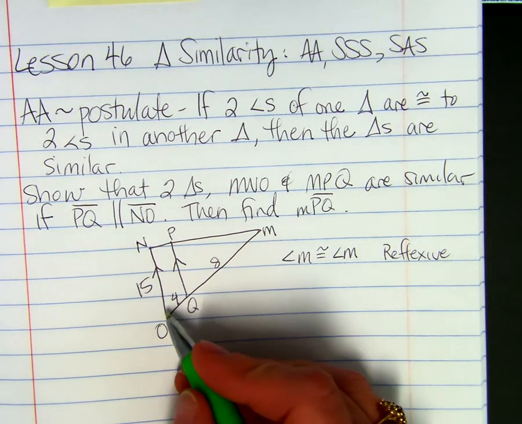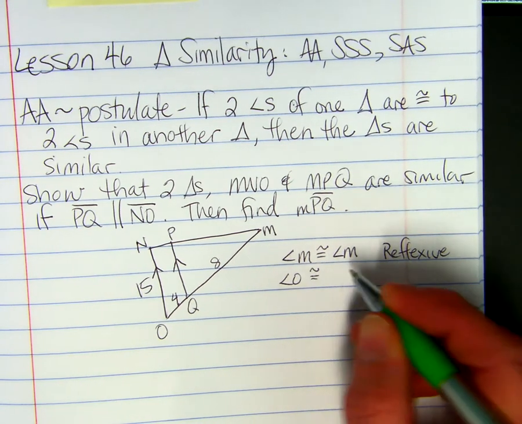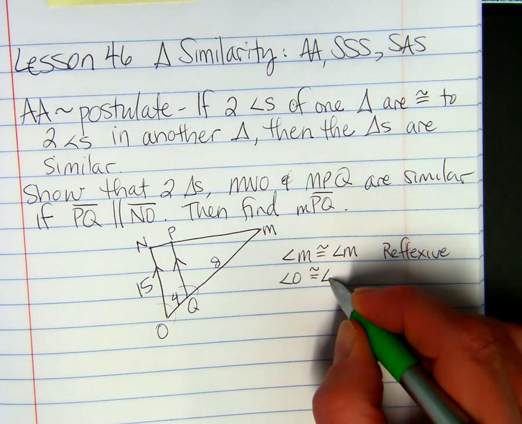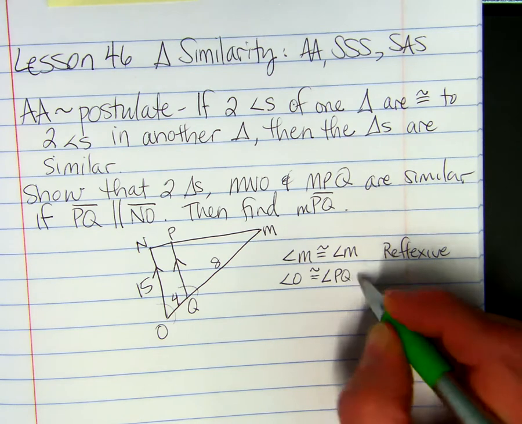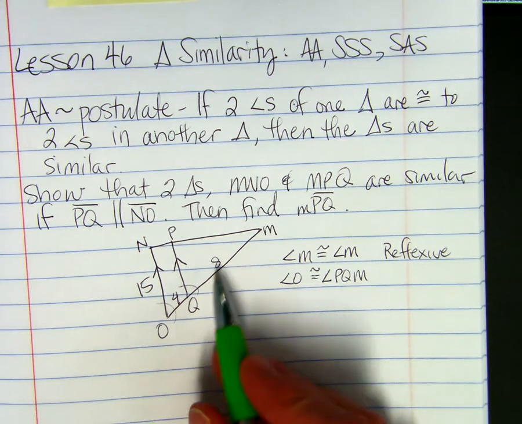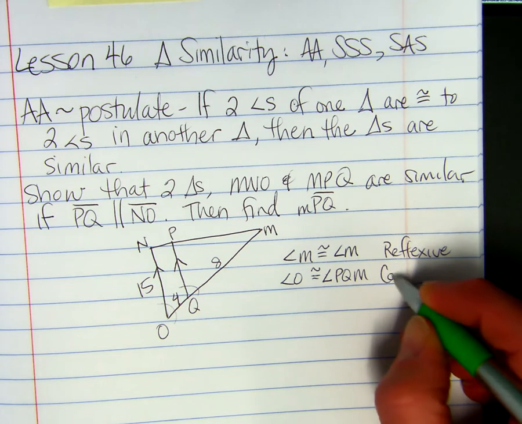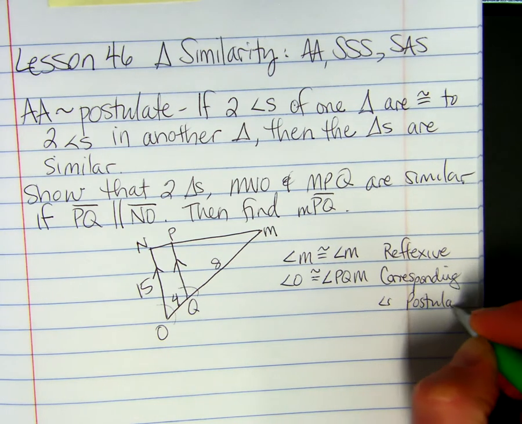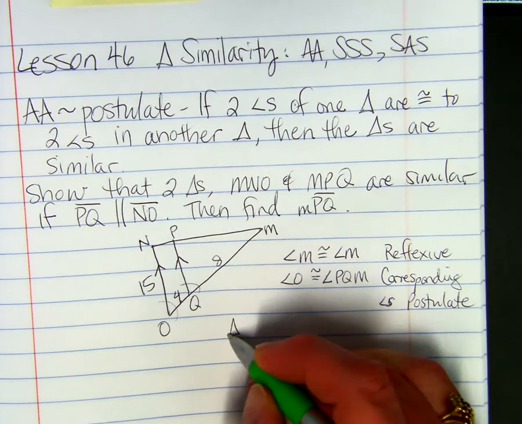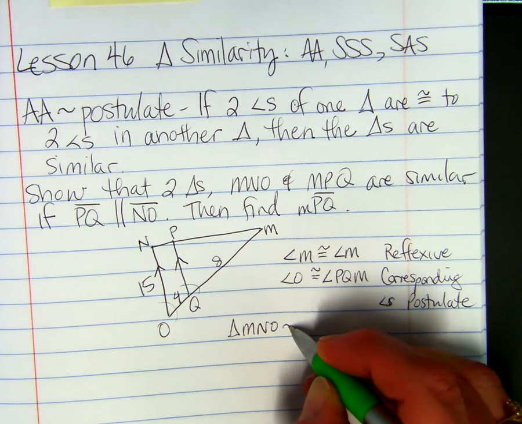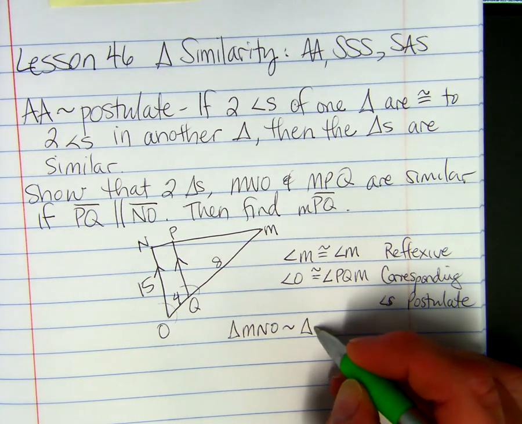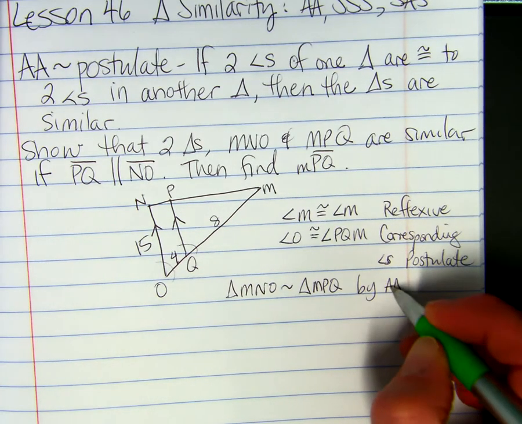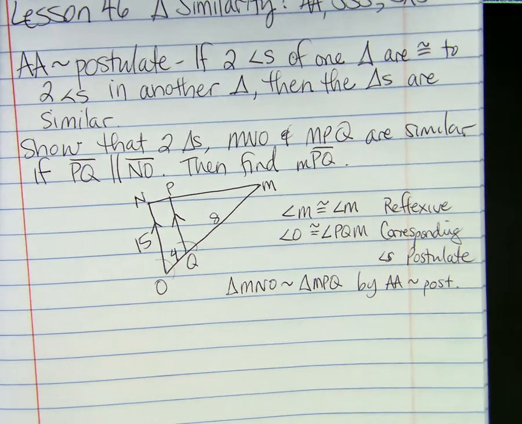We can say that angle O is congruent to angle PQM, and that's the corresponding angles postulate. So triangle MNO is going to be similar to triangle MPQ by the AA similarity postulate.